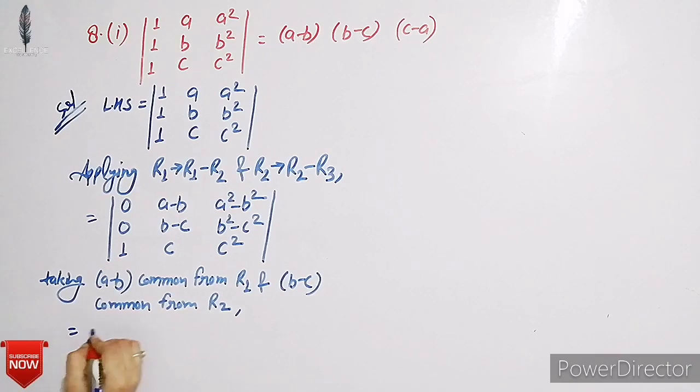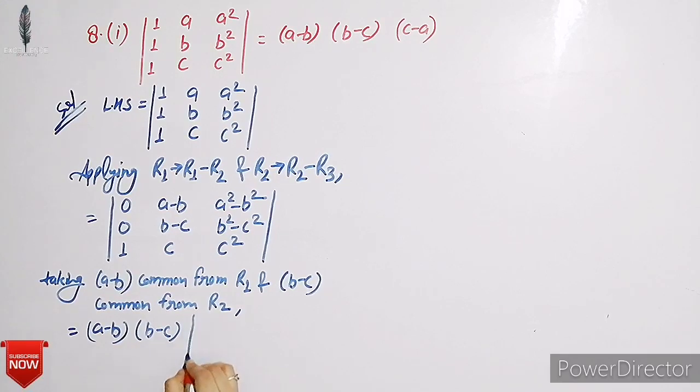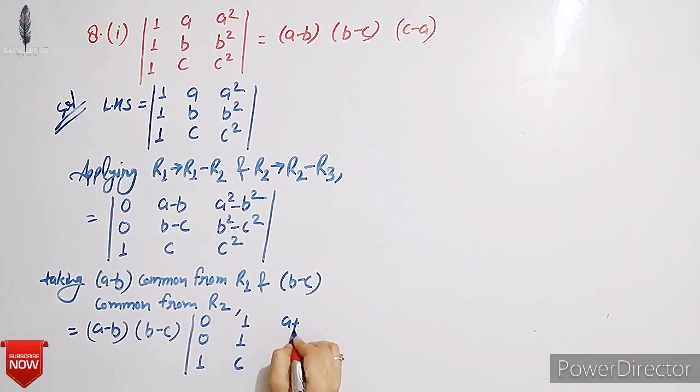Then we have it equals to A minus B into B minus C into here 0, 0, 1, here 1, 1, C, and here A plus B, B plus C and C square.